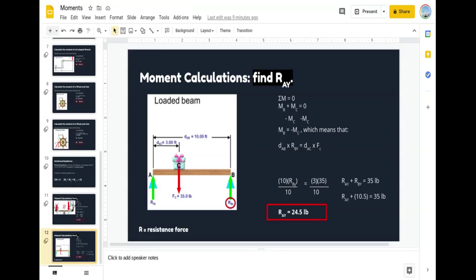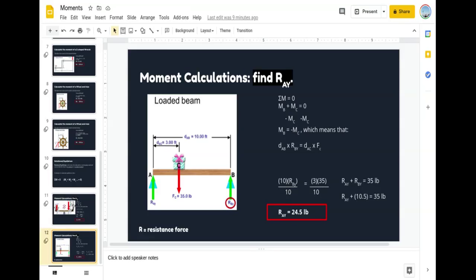So for this one, we need to find RAY, and R represents resistance force in this case. We can use this equation again. This time we'll use B and C instead of 1 and 2, because that's what's given. We can change it like we did last time, and we get this equation. We plug in our values, and we're trying to solve for our RBY first, because that's the value we need to find before we can find our RAY.